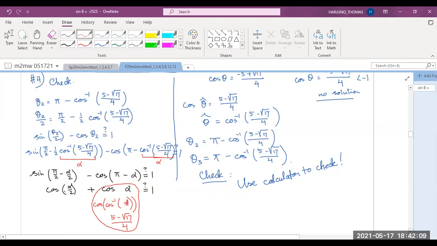If you divide by 2, that's still quadrant 1. That's the square root of (1 plus cosine alpha) over 2.